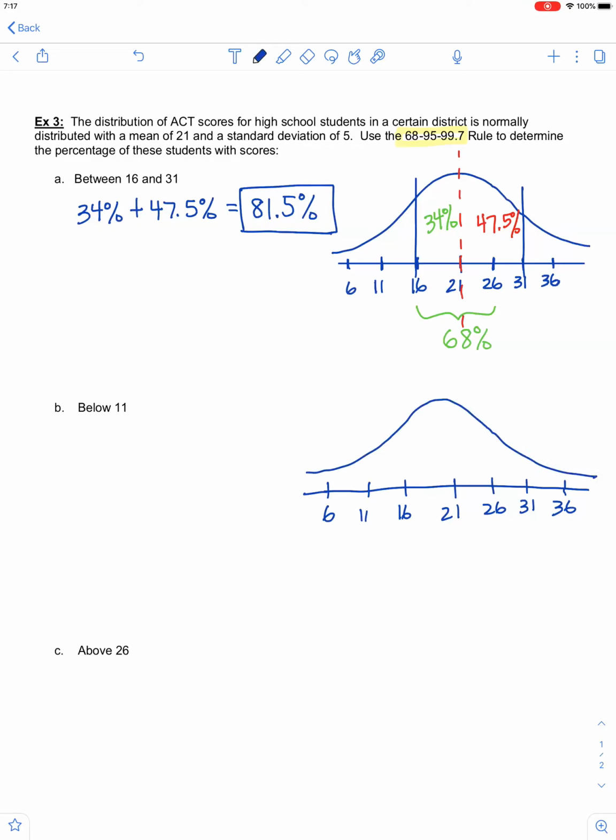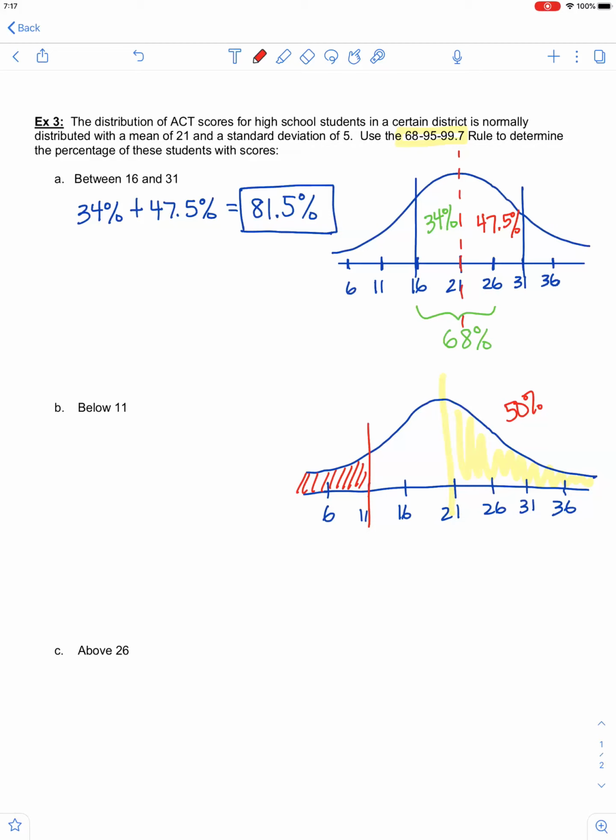So below 11, we're looking at this amount of data over here. So you have to kind of think of the big picture. The big picture is that under the entire curve is 100%. So we already know that this half over here would be 50%.